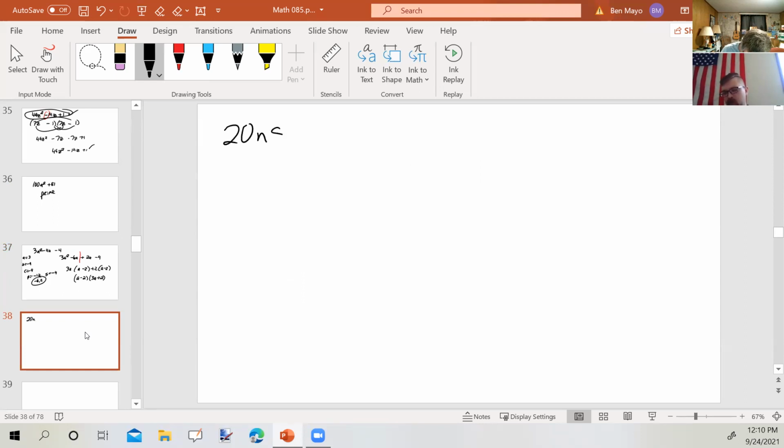20n s squared minus 60n u plus 100n. This is a trinomial. Standard form's a little bit fuzzy there, isn't it?